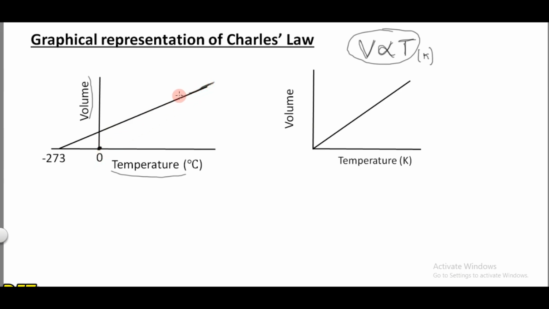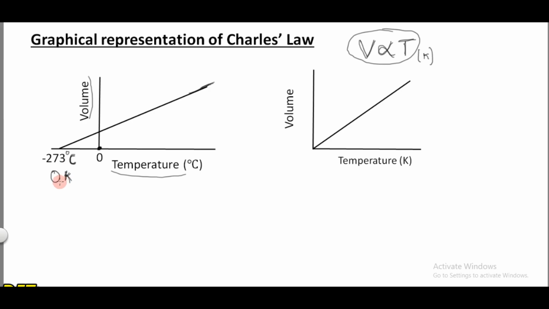It cuts across down to minus 273 degrees Celsius, and this temperature is equivalent to 0 Kelvin. This temperature is what is called the absolute zero.